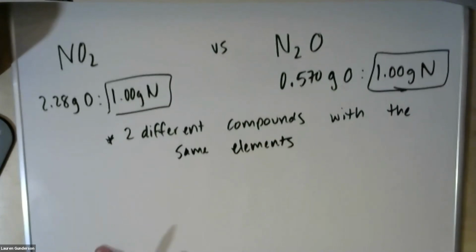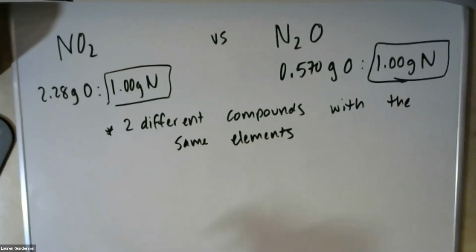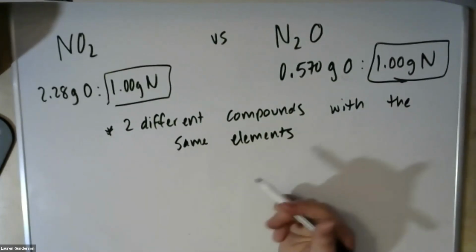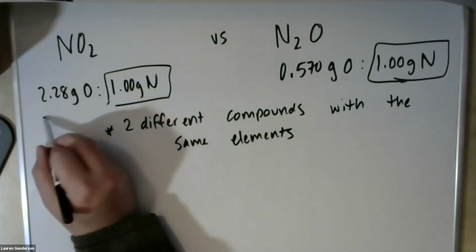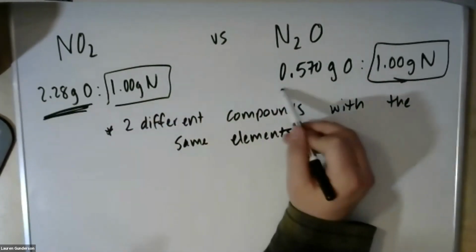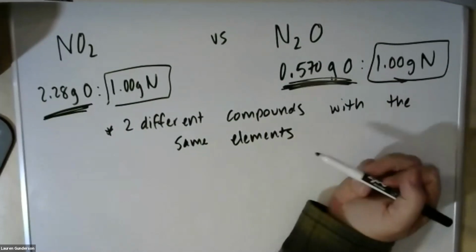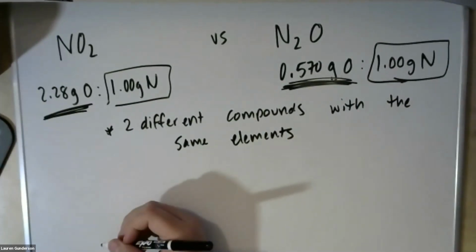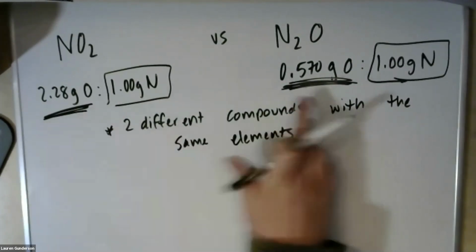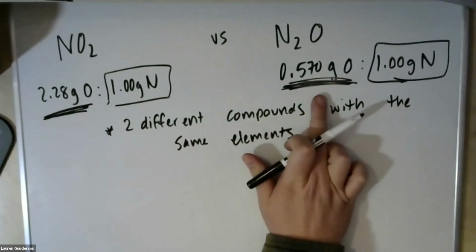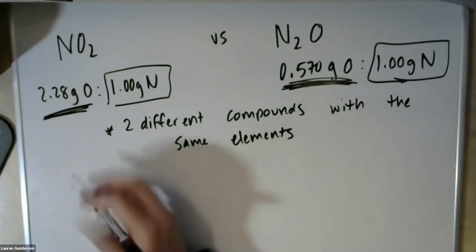So to figure out if these compounds are consistent with the law of multiple proportions, we're going to focus in on these values that are not 1, on that other element that makes up the compound. We're going to take the bigger of the two values and divide it by the smaller and see if we get a whole number back out.